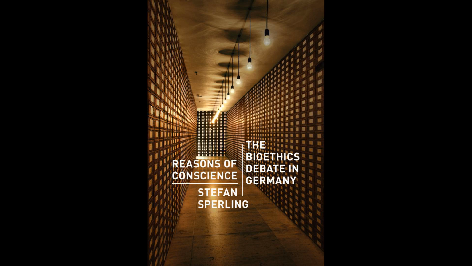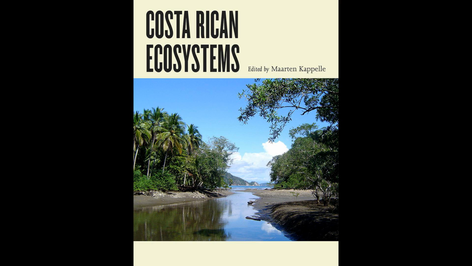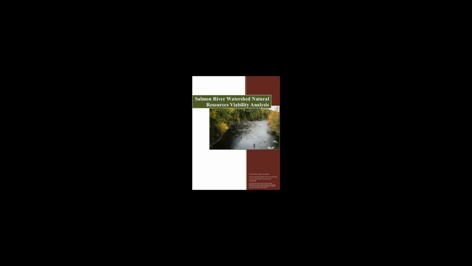PVA gained popularity in the United States as federal agencies and ecologists required methods to evaluate the risk of extinction and possible outcomes of management decisions, particularly in accordance with the Endangered Species Act of 1973 and the National Forest Management Act of 1976.